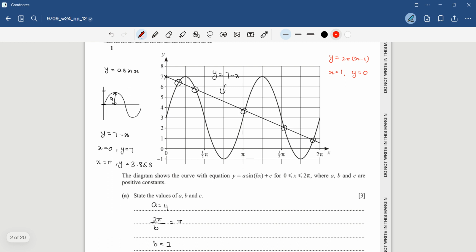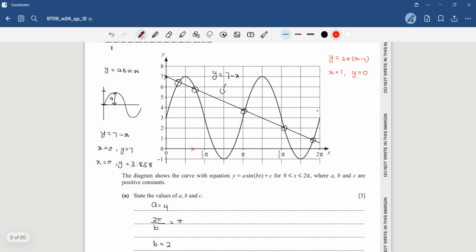So x equal to 1 will be approximately here.